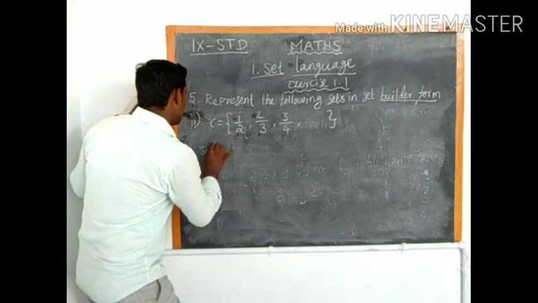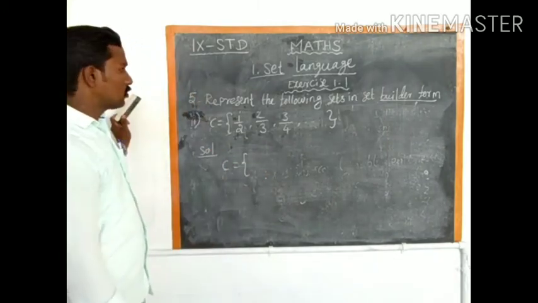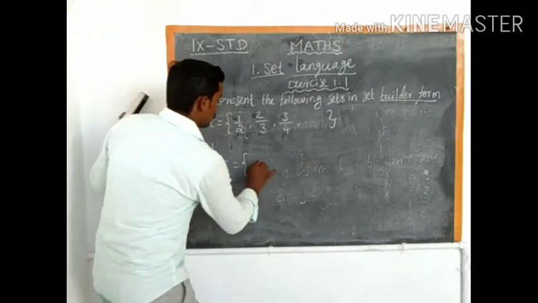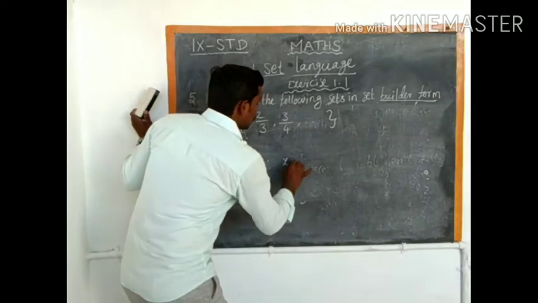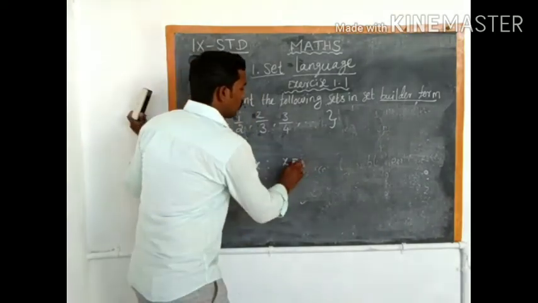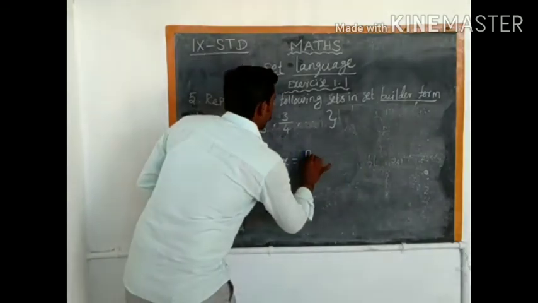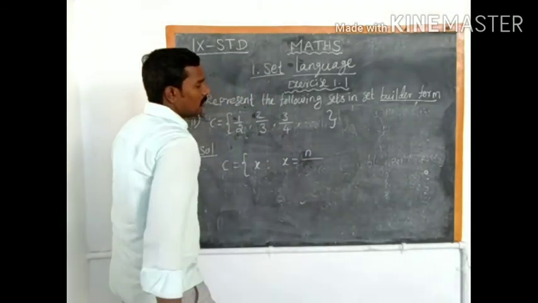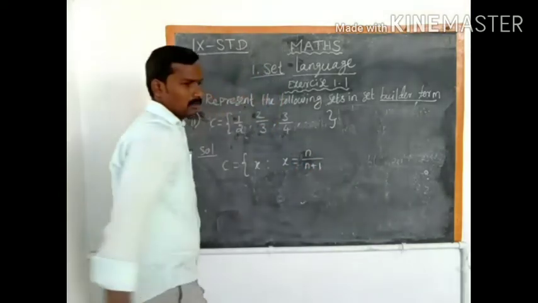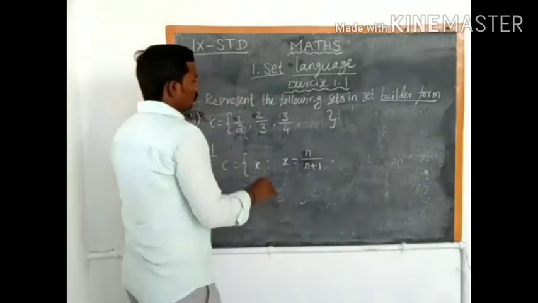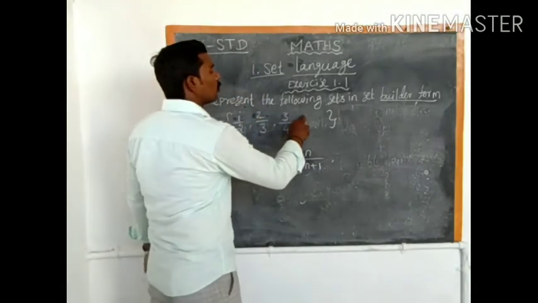So the solution is C is equal to the set of all x such that x is equal to the numerator. I decide some n, so the denominator is the successor of this number, so n plus 1. Then consider all the numerators 1, 2, 3, 4, 5.